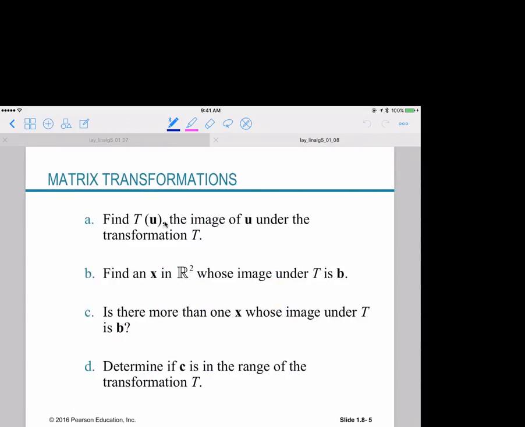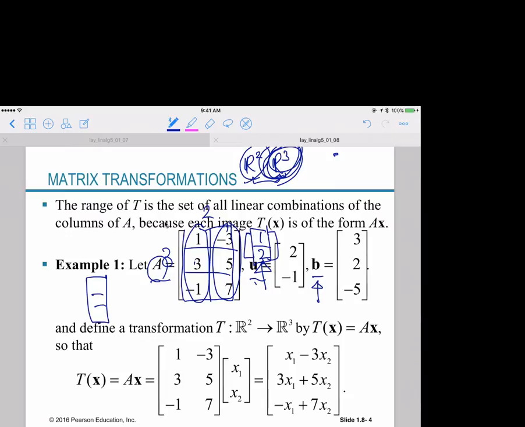Okay, so we are given these 4 questions. The first question is find T of U, which means when using matrix A as our transformation, what is the image or function output value of U? So we plug this U, [2, -1], in the place of the X part, and then we simply compute A times U, right?